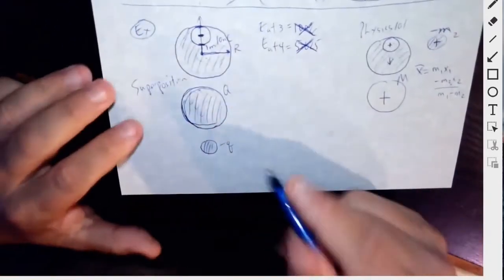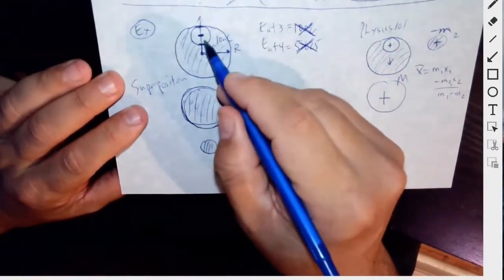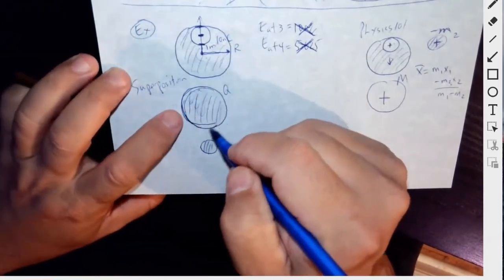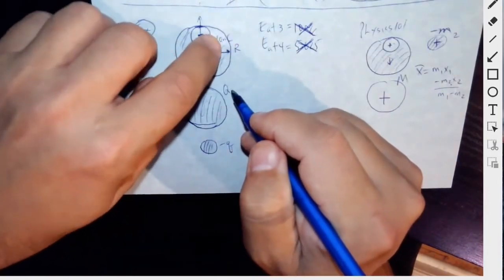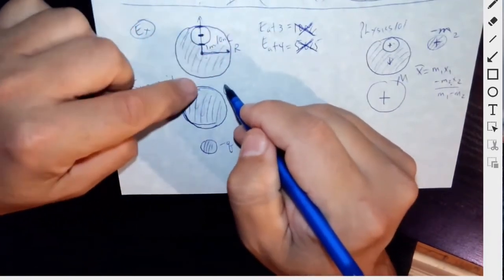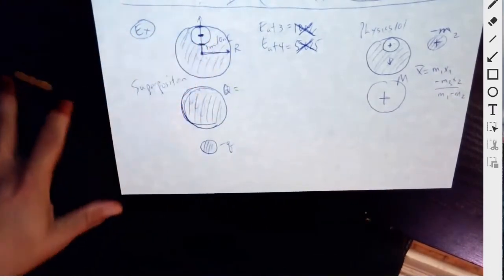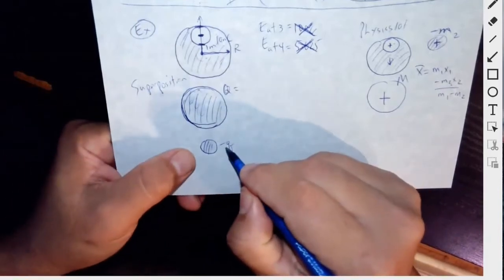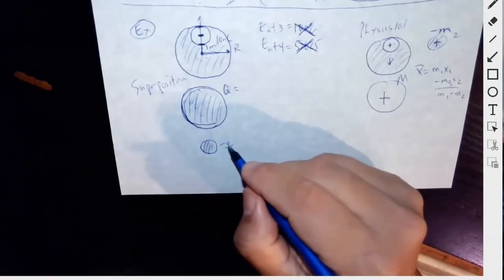Now, first we have to find, if we know that the charge of this guy is 10 nanocoulombs, what the charge of a complete sphere will be, because it will be more than 10. Actually, we could probably find this charge more easily. What would this charge be?